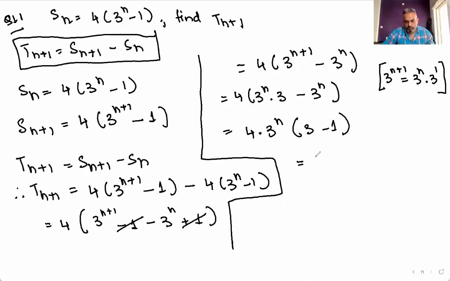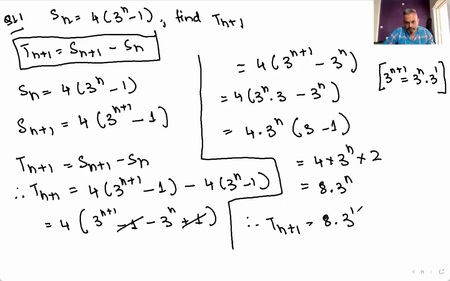So which is equal to 4 into 3 raised to n into 2, which is equal to 8 into 3 raised to n. Therefore, Tn plus 1 is equal to 8 into 3 raised to n. Answer. Or you can also write like this, 8 in the bracket 3 raised to n. Because that dot is not decimal, it is multiplication.